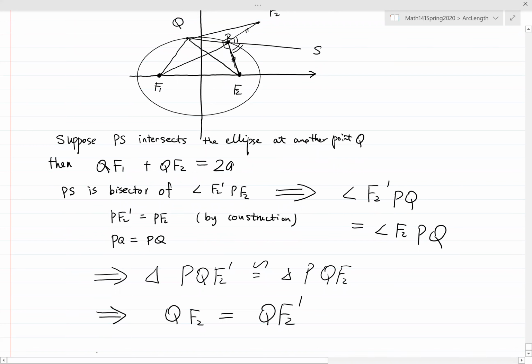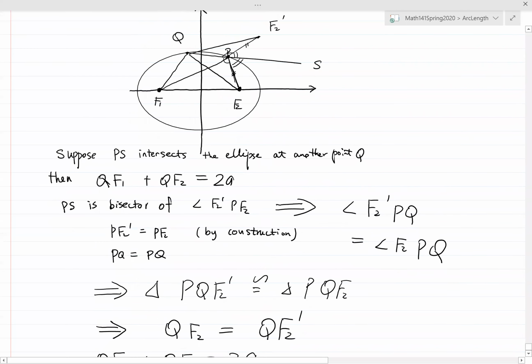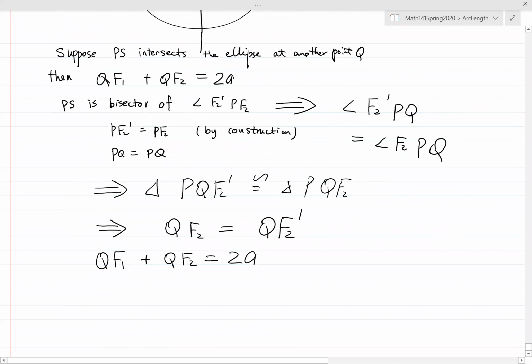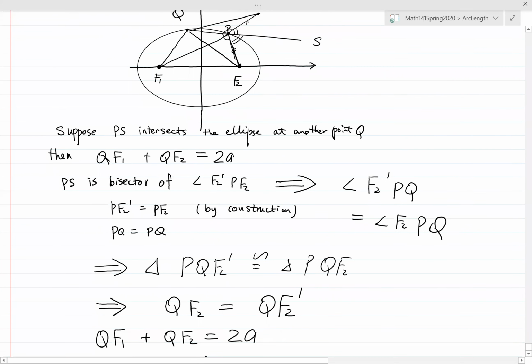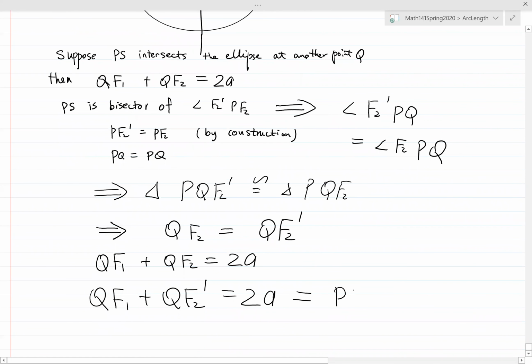Now remember QF1 plus QF2 is 2A. Now QF1 is just QF1, and QF2 is QF2 prime, so we replace QF2 by QF2 prime. So we get QF1 plus QF2 prime is 2A. Now 2A is also equal to PF1 plus PF2, which is also equal to PF1 plus PF2 prime.